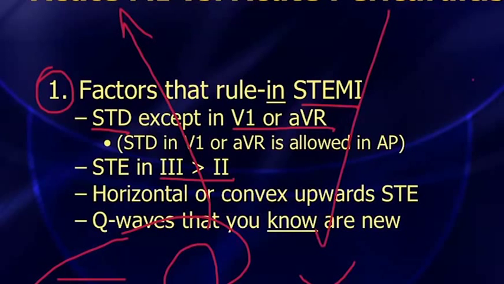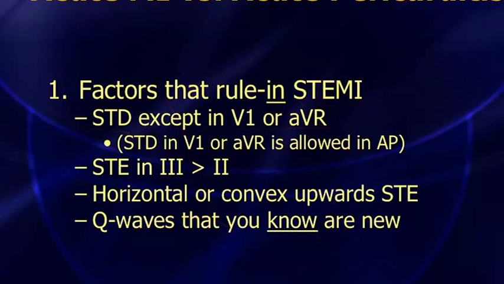And then finally, if you see Q waves and you know for sure that they're new, then that can be helpful. But oftentimes you don't have old EKGs for comparison, so you may not know for sure that the Q waves are brand new. So that's often not helpful, and you're certainly not going to sit there and wait a few hours to see if Q waves develop, right?